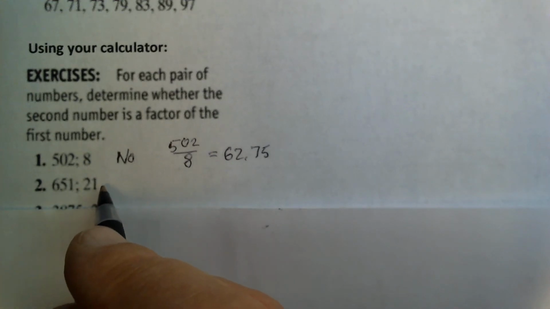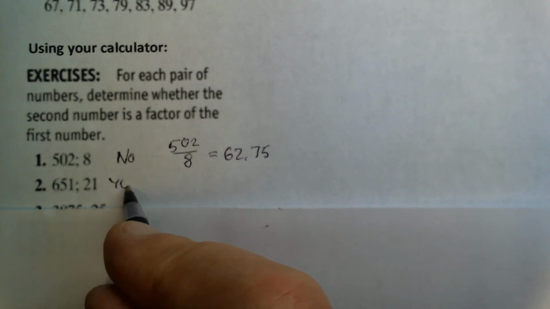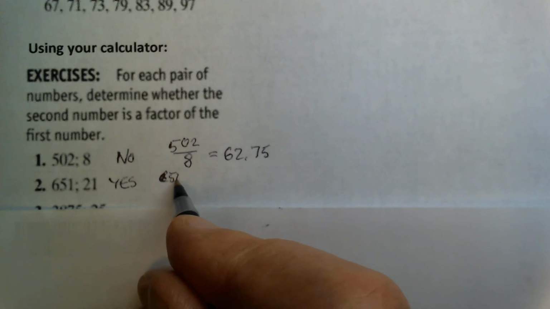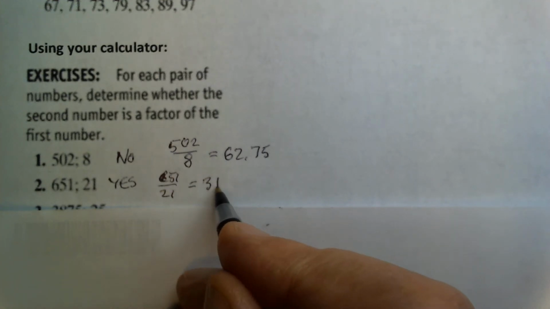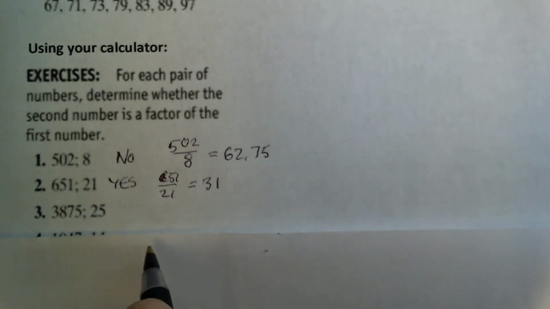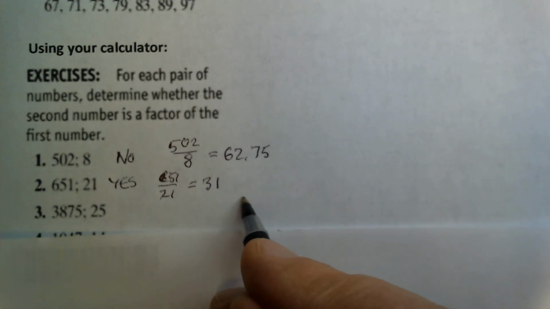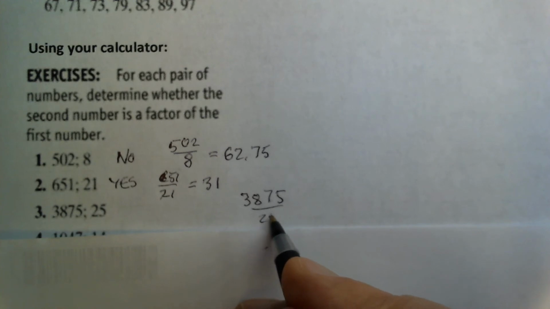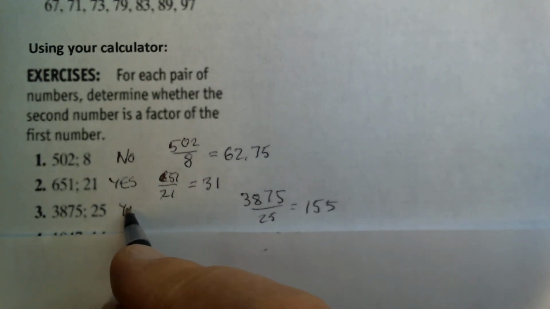And when we divide 651 by 21, that is yes, because 651 divided by 21 is equal to 31 with no remainder. And when we divide 3,875 by 25, that's equal to 155 without a remainder, so the answer is yes.